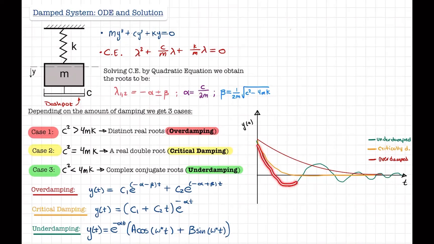You can see our system oscillates, but those oscillations become smaller and smaller until they eventually reach zero. There's usually an overshoot, and then they oscillate about the zero point. That oscillation is caused by the sinusoidal, the cosine and sine, and that exponential decrease is due to our exponential term here. So that's basically how they look.